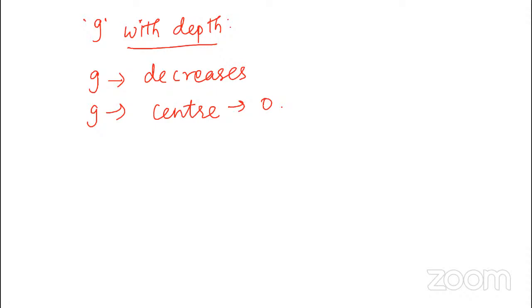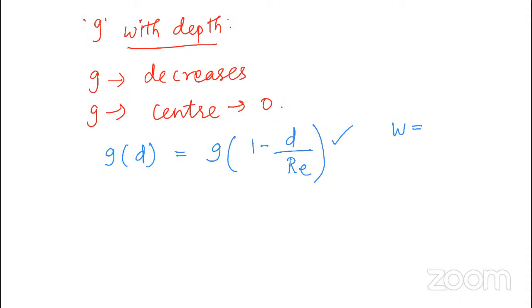Now we are connecting the surface as well as the depth with one formula. So this is also a very, very important formula. g at depth d should be equal to g into (1 minus d by R_E). This formula is also used for weight. We know the formula W = m g.